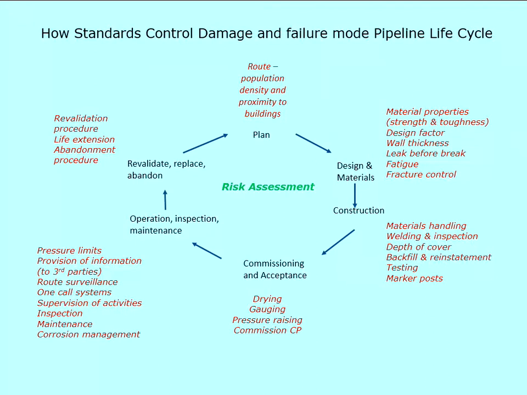If the highways authority or the local authority suddenly decides they're going to change the road over the pipeline, does that mean you've got to dig the pipeline up and relay it? Or can you consider doing something else? So they'll allow risk assessment in certain situations, but the codes are not risk-based codes, which means that the procedures embedded in the codes are influencing how damage might occur and what failures might occur.